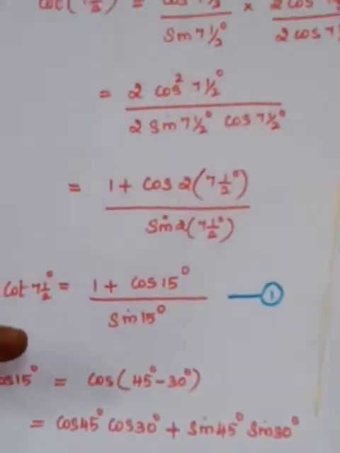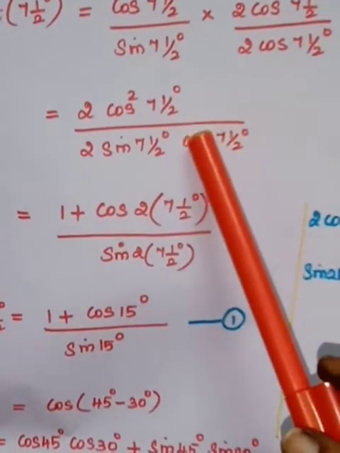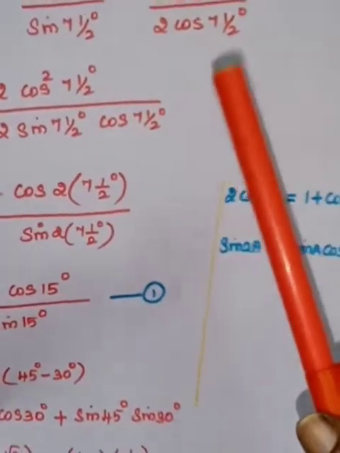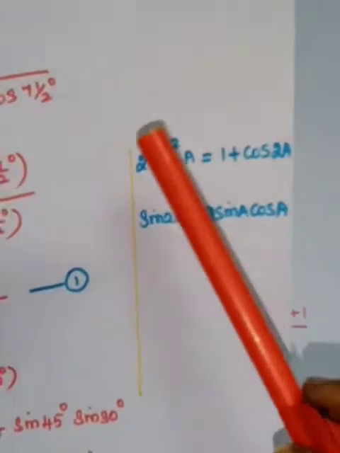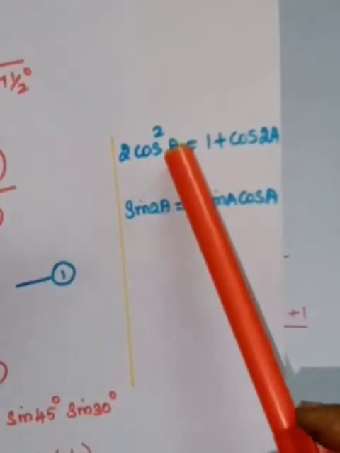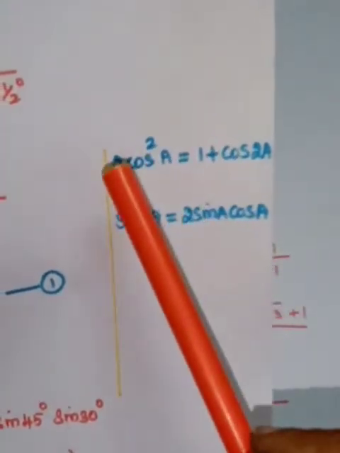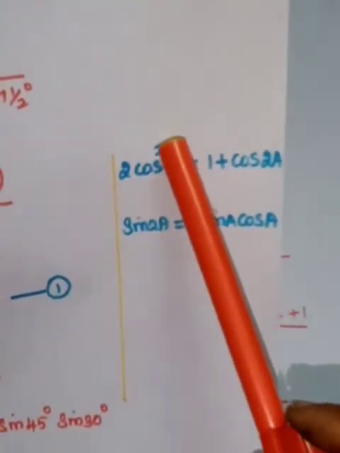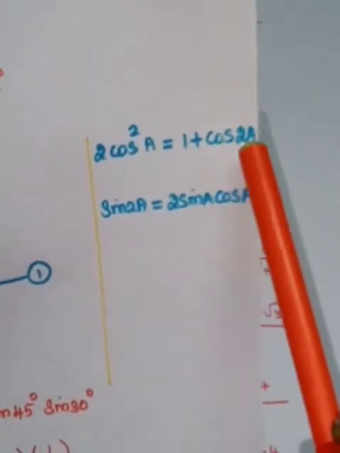Here the term you are having is cos squared 7.5 degree, so I am going to use cos 2a is equal to 2 cos squared a minus 1. Taking the minus 1 to the right side, you are getting 2 cos squared a is equal to 1 plus cos 2a.